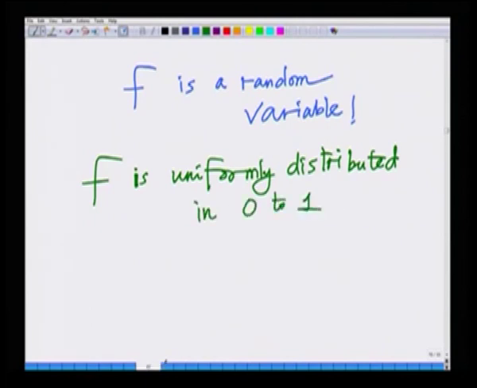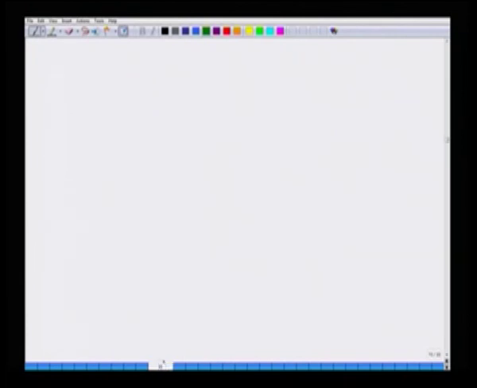If I were to draw the distribution, let me denote the probability density function of f by g f of f.